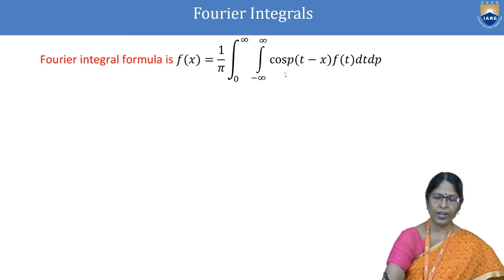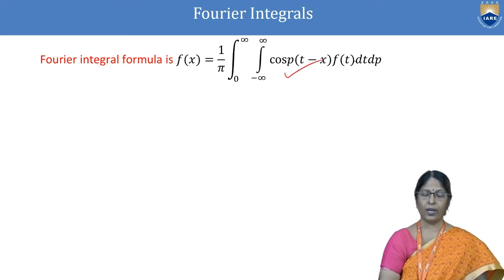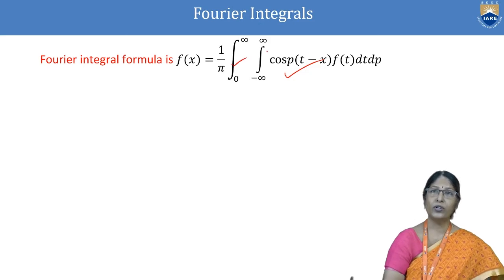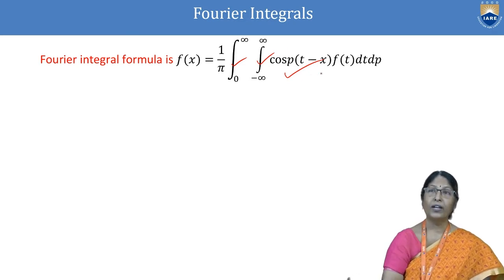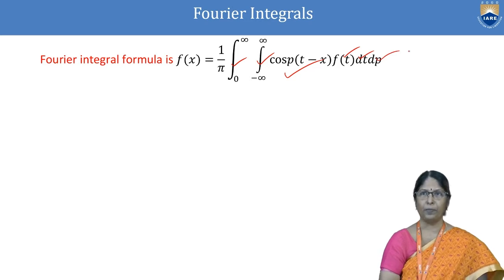Now, the Fourier integral formula is nothing but 1 by pi integral 0 to infinity, integral minus infinity to infinity, cos p of t minus x, f of t, dt dp.